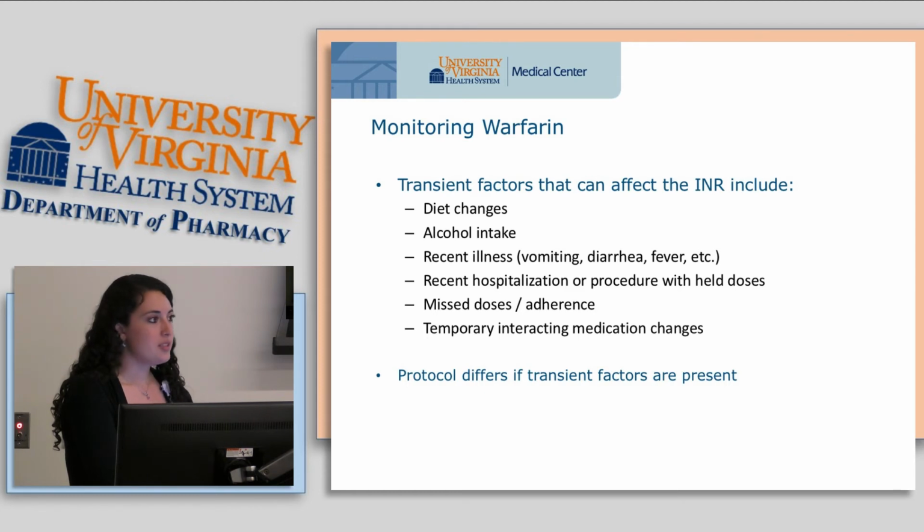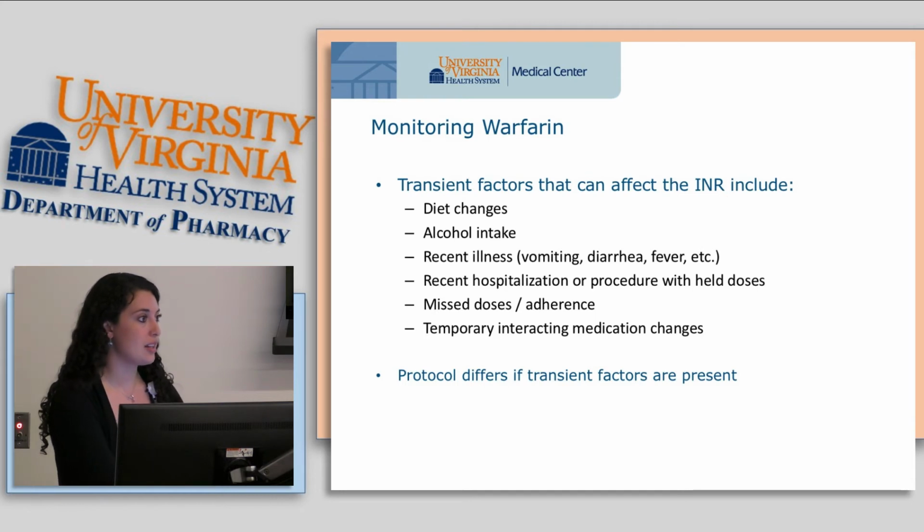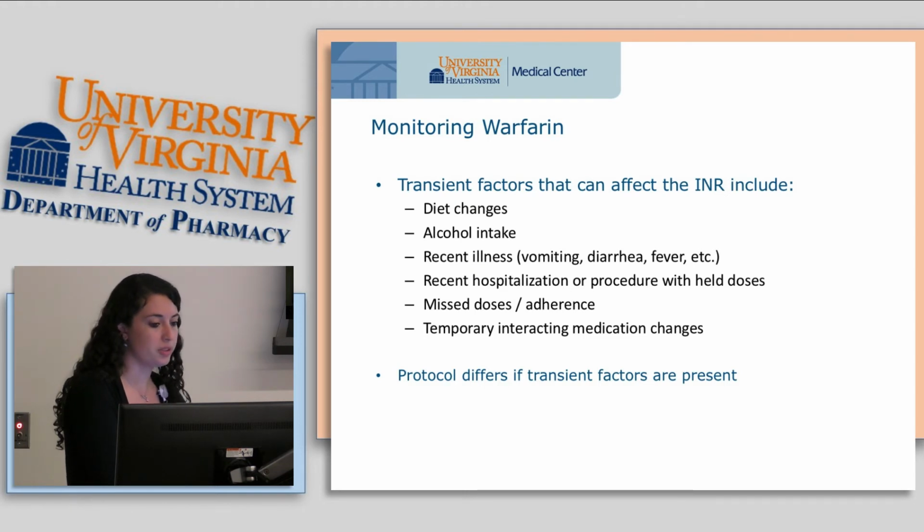If they had any missed doses or adherence problems, this is something that we can ask about, like cost of medications. Usually warfarin is pretty affordable for patients, but if they're having trouble with adherence, a lot of times with any medication, it could be a patient is not able to afford it or isn't able to get it from the pharmacy, so that could be a time to assess if their medication is affordable.